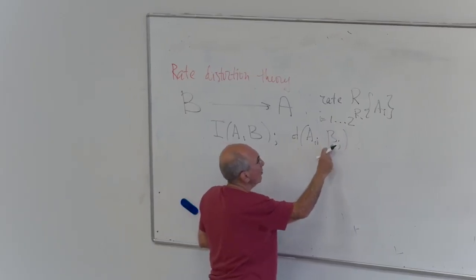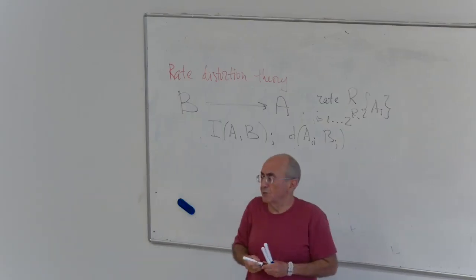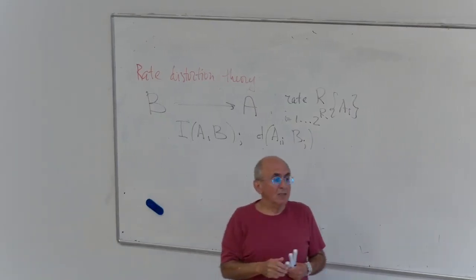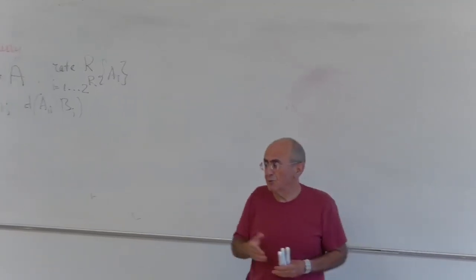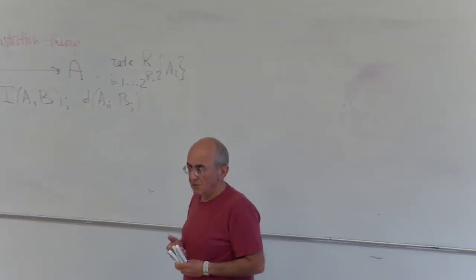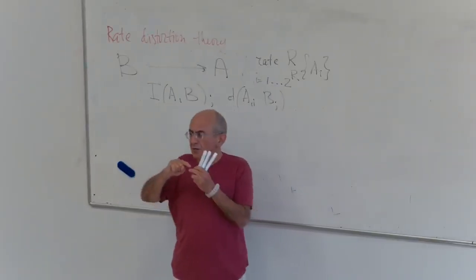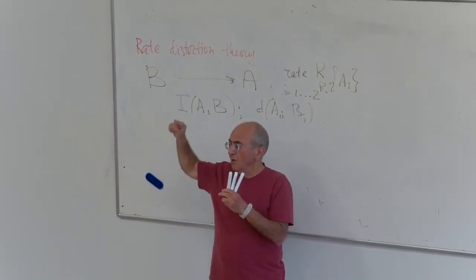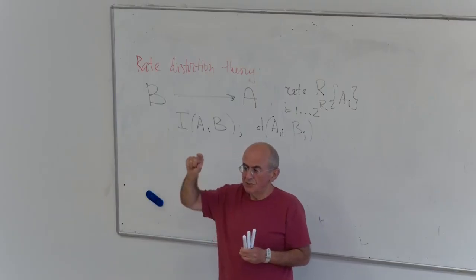For some value of b_j, if I take this value of a_i, there will be some distortion. The first time we saw it was in high school when we used the least squares method. We said, okay, we'll quantify: here are my points, which I record, and there is my continuous line, and so I just sum the squares.